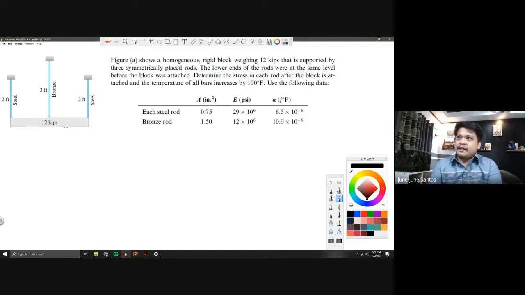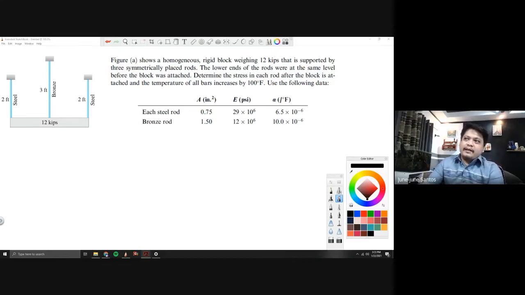Determine the stress in each rod after the block is attached, and the temperature of the bars increases by 100 degrees Fahrenheit. Use the following data given the area, the E, and then the coefficient of thermal expansion in per degrees Fahrenheit.